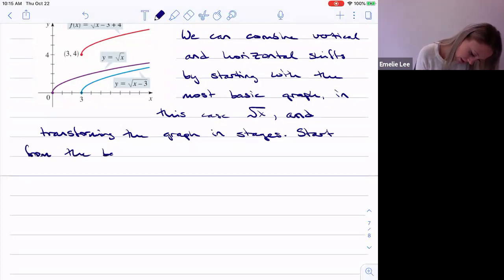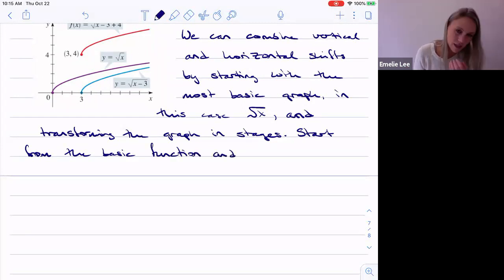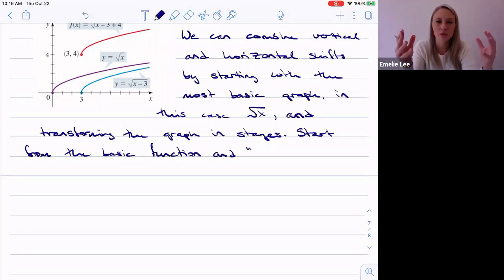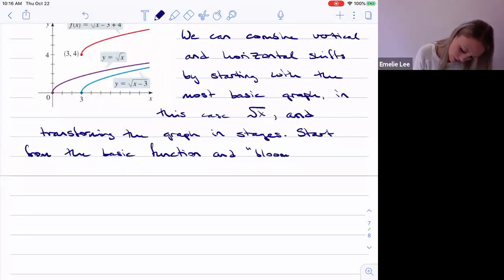Start from the basic function. I always like to think of it as blooming out. From root x, I'm moving to root x minus 3, and then I'm moving to root x minus 3 plus 4, and blooming out.